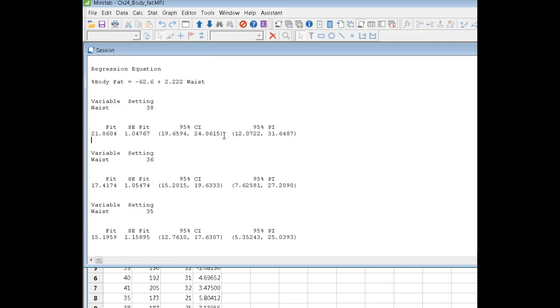Okay. Minitab automatically gives us confidence intervals and prediction intervals. So what is the difference in these? Confidence intervals are intervals based on averages. Prediction intervals are intervals based on individual values.